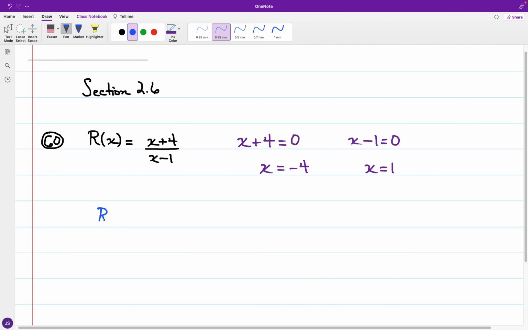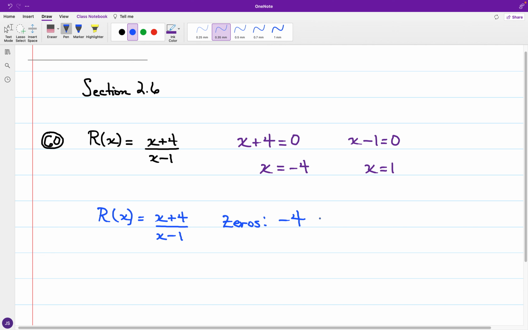So again, we have r of x equal to x plus 4 over x minus 1. And now for the zeros of r of x, first, we have negative 4.